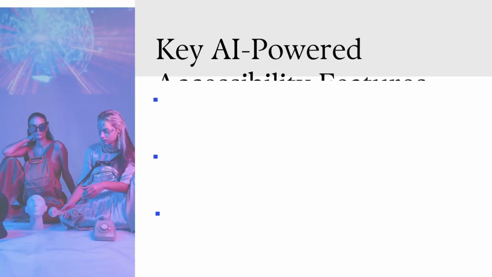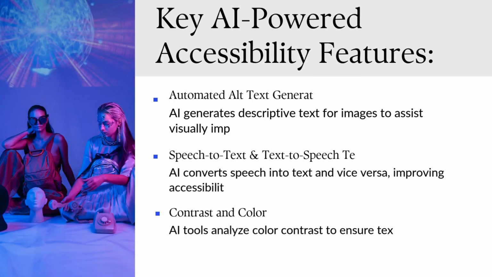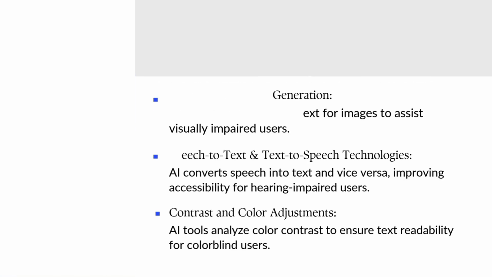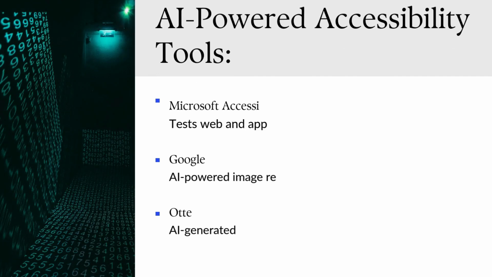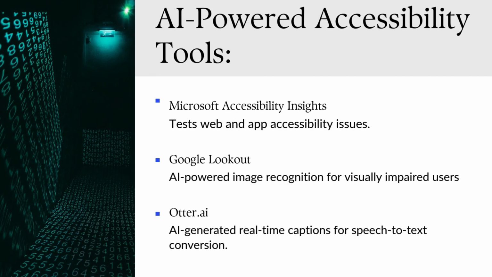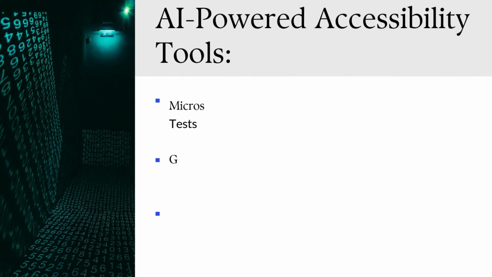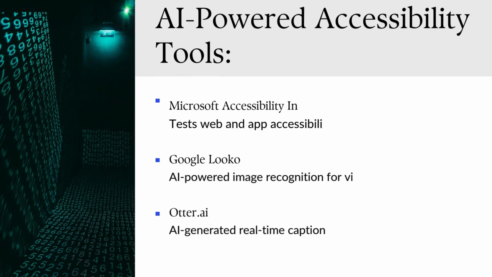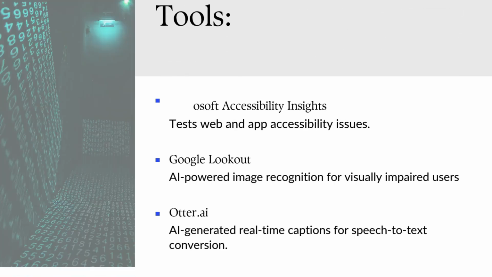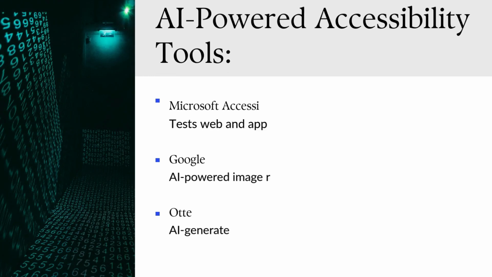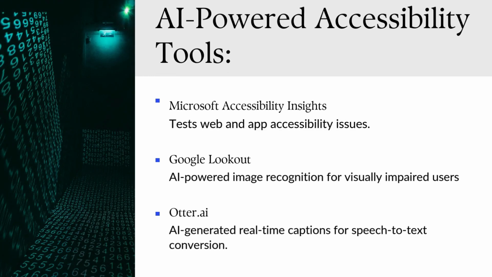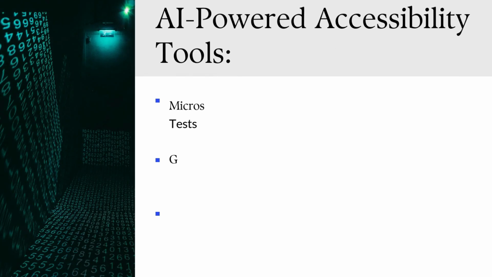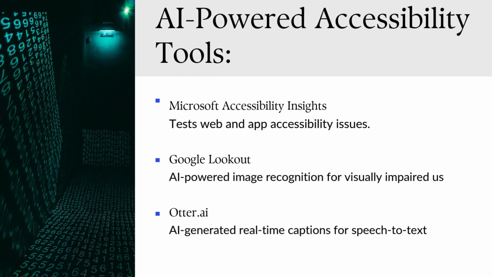So guys, let's move ahead to talk about some of the AI powered accessibility tools. First things first, we have what we call the Microsoft Accessibility Insight. With this AI powered accessibility tool, we can test web and app accessibility issues.